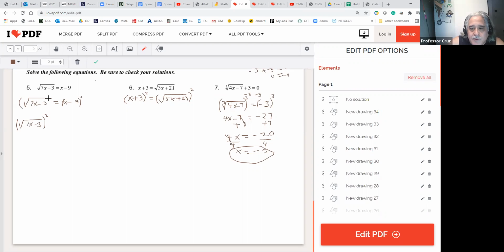Oops, I should have put that there. Let me fix this. So when we square it, just the insides come out. I shouldn't have wrote it twice.